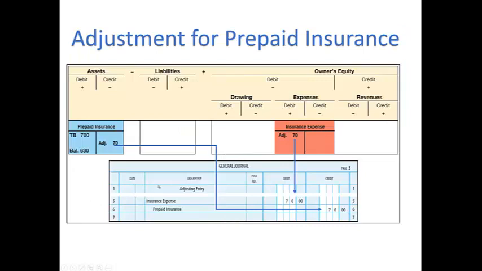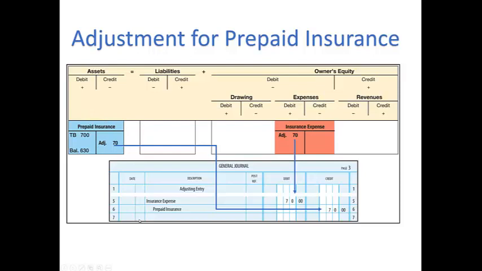So remember from our supplies example, we always debit an expense. So since we're dealing with insurance here, we're going to debit insurance expense. And then we're going to credit the account that we're trying to adjust, and that was prepaid insurance.